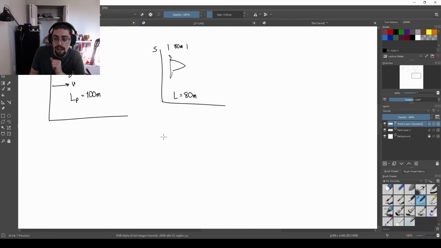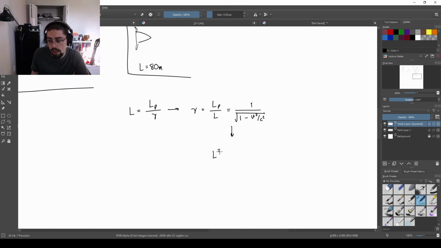What we can say is that our length L is equal to the proper length divided by gamma. So gamma must be the proper length divided by L, which we know is 1 over the square root of 1 minus V squared over C squared. We have to do a little bit of algebra here.